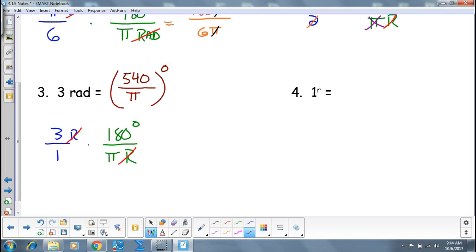Now, if you would have chosen to make that be a number, then we would go 540 and divide it by pi, and we would do the approximate here, 171.887 degrees. Which one do you think I prefer more? A fraction. I like fractions.